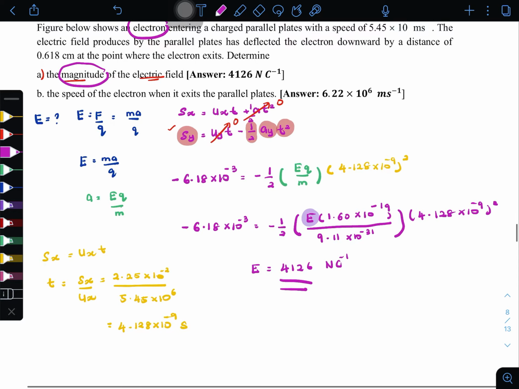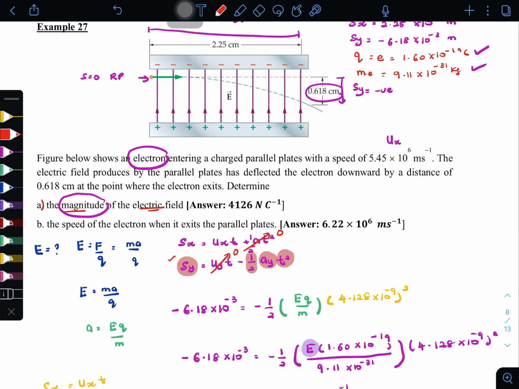So B ditanya the speed of the electron when it exits the parallel plate. So kita tahu bila elektron itu keluar di sini, dia bukan keluar dalam bentuk X ataupun Y component, dia keluar dalam bentuk V. So from here dia ada V in X component dan dia juga ada V in Y component. So we have to find V here.